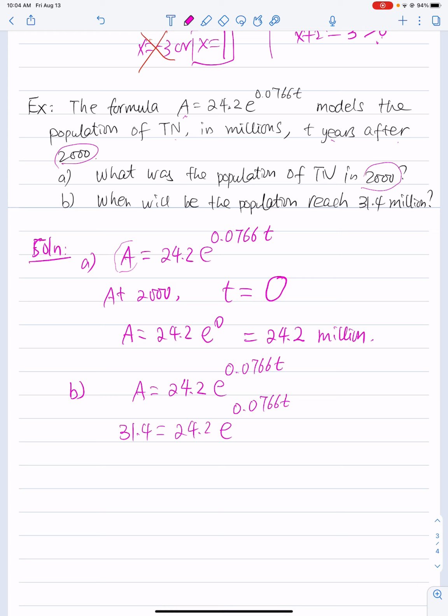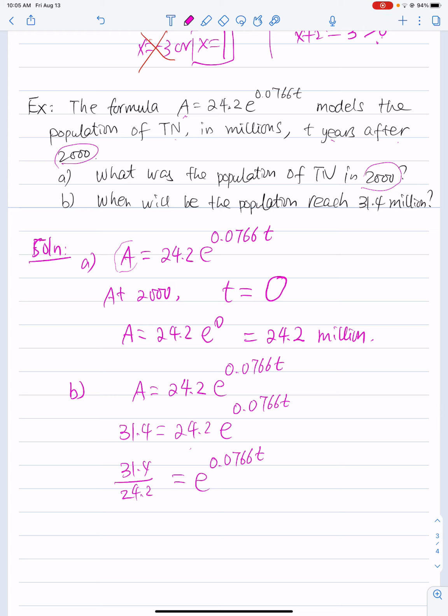What should we do? We want to divide, yeah? So isolate: 31.4 over 24.2 equals e to the 0.0766t.